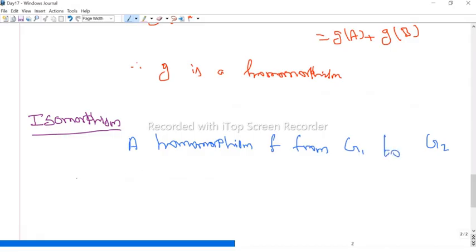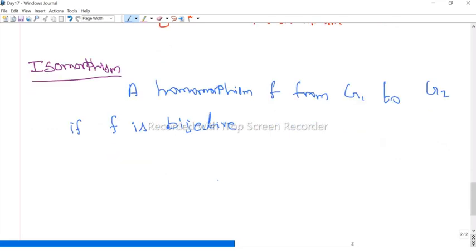A homomorphism is said to be an isomorphism if f is bijective. Bijective means both one-one and onto. If f is bijective and a homomorphism, then we say it is an isomorphism between the two groups.